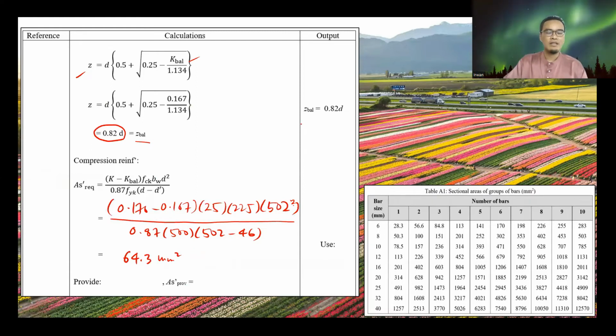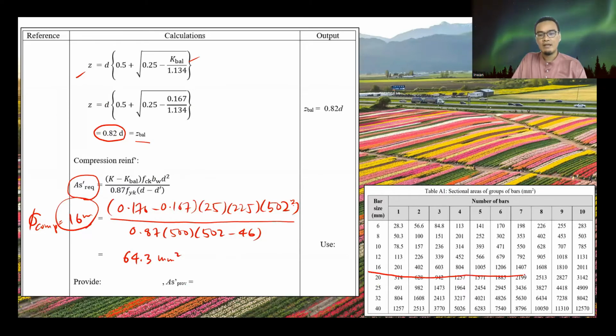Yes, because we determined this is the area of compression reinforcement required, and our diameter of compression reinforcement given is 16 mm. So we refer to the row of 16 mm only, and we can ignore the other rows. Okay, so what is the number? 402, yes. So you want to propose 2H16.